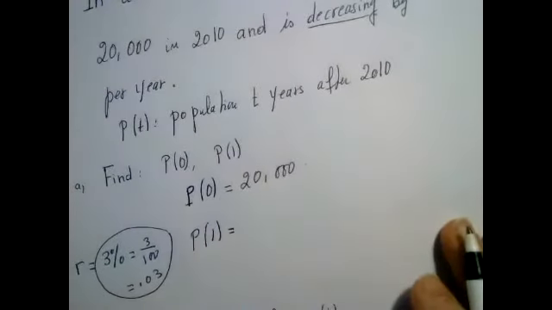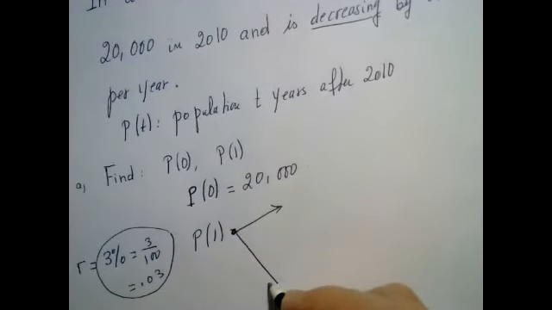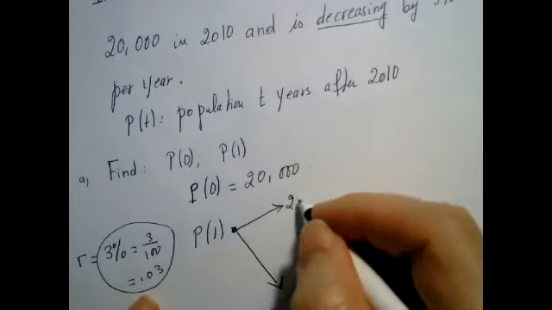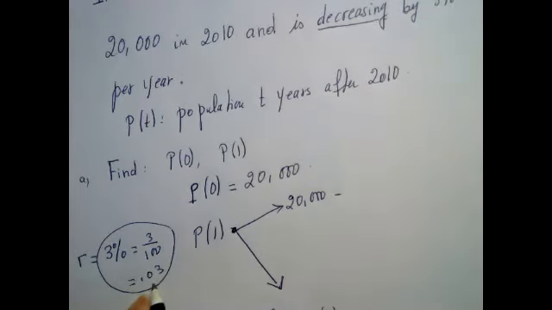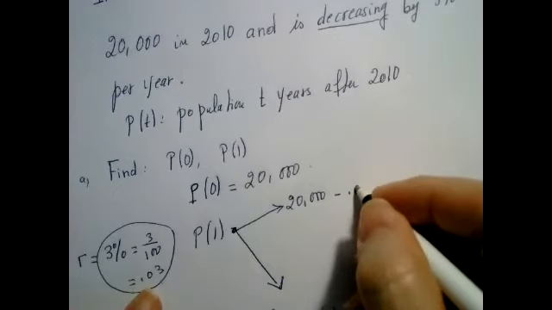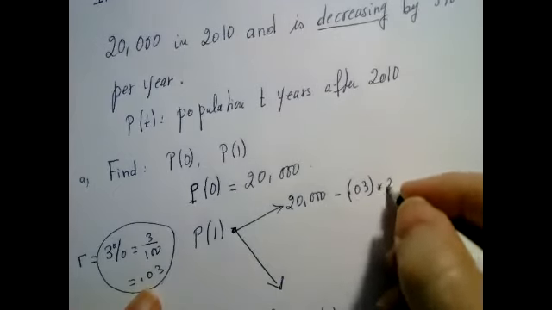So let's see what Matt did. And as I said, I'm going to do this in 2 ways as well. The first way is what your classmate did. Is the 20,000, right? And he took away 3% of it, of 20,000.